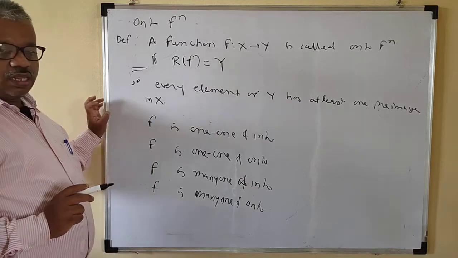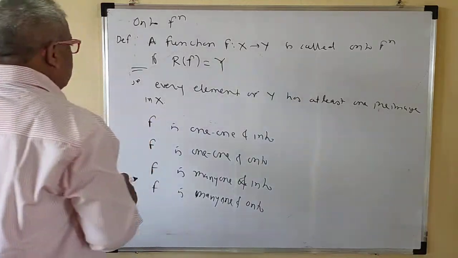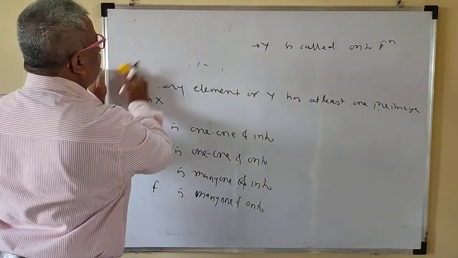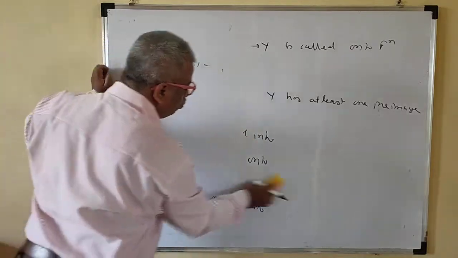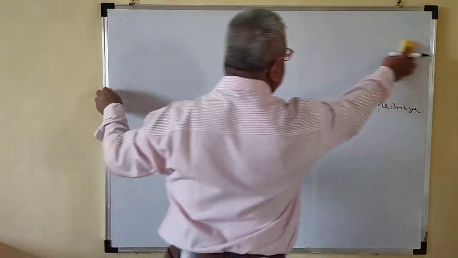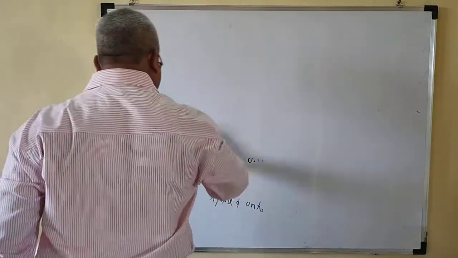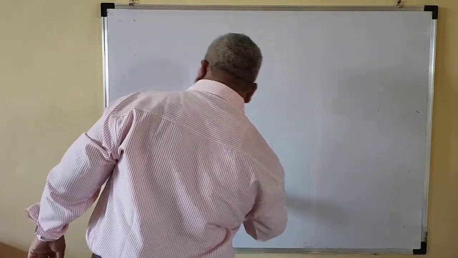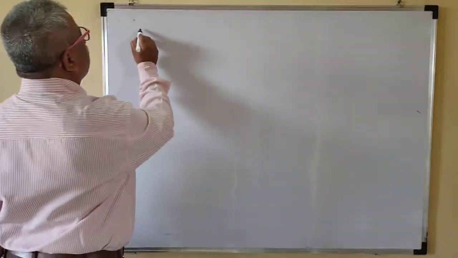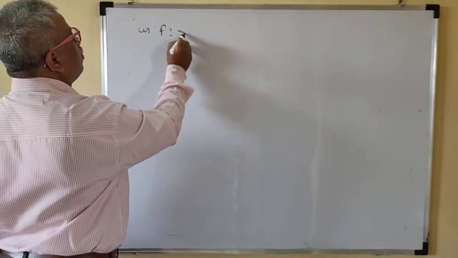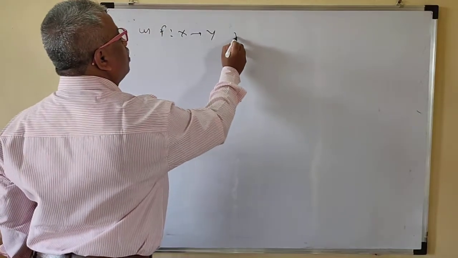Now, suppose we consider a function that is both 1-1 and onto, from x to y.